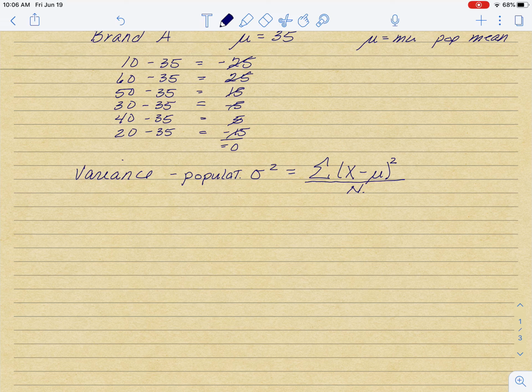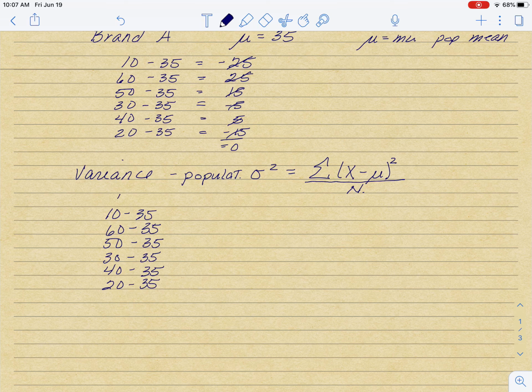So we're going to go through each of the values, 10 minus 35, and find that difference. So we already did that. Let's put them up here again. So we find all those differences.